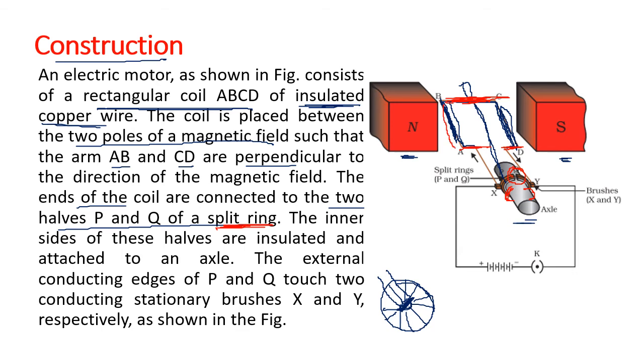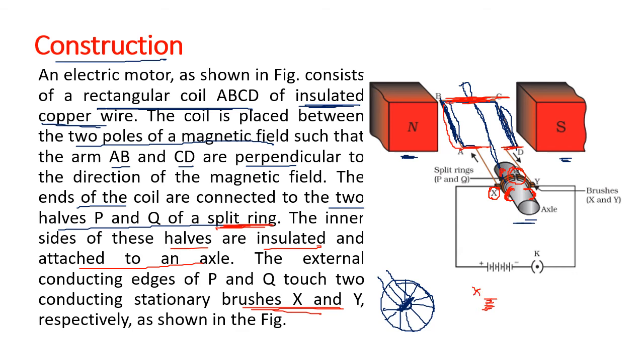AB is connected to this ring P through a brush X. X is the brush. The inner side of these rings is insulated and attached to the axle. So these two split rings are put on an axle and the coils are connected to these rings by brushes X and Y. Brushes are like hairy brushes.